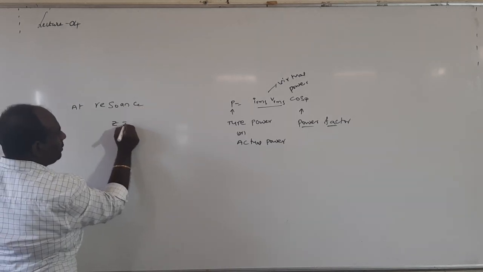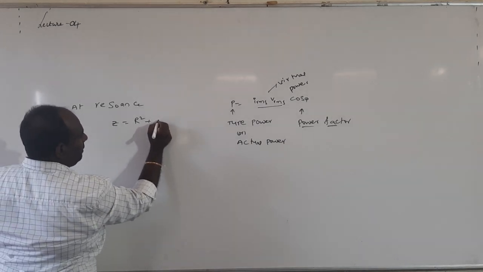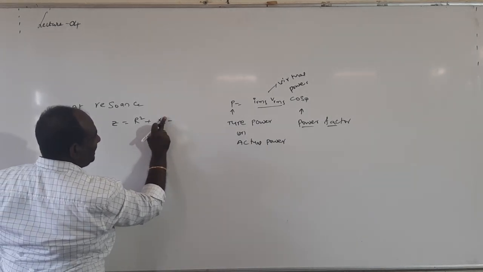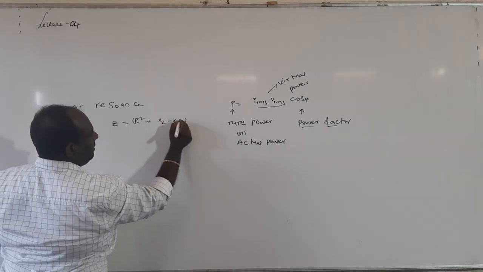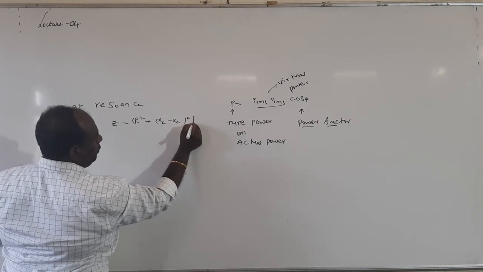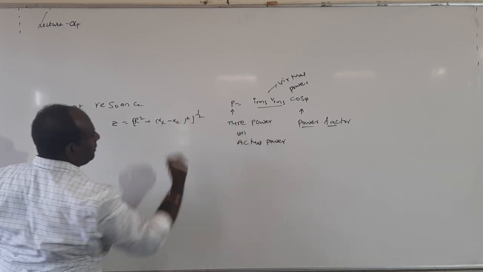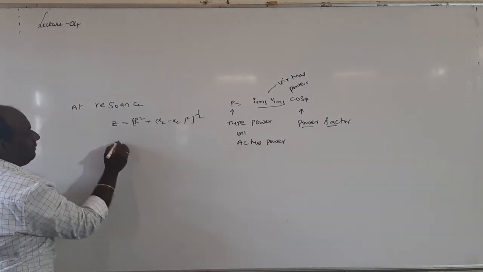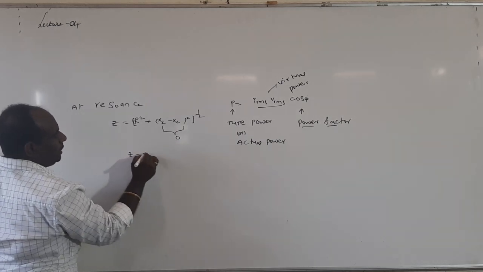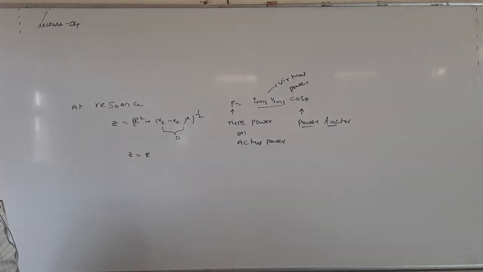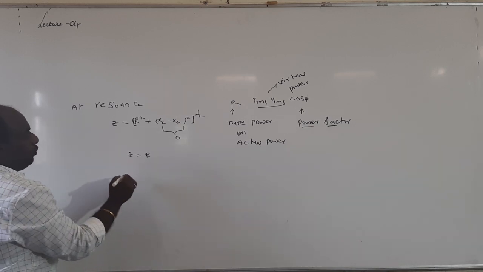At resonance, the impedance of the circuit Z is equal to (R square plus (XL minus XC) whole square) whole power 1 by 2. At resonance condition, this second term becomes 0. So Z equal to R. This is the resistance offered by the circuit.